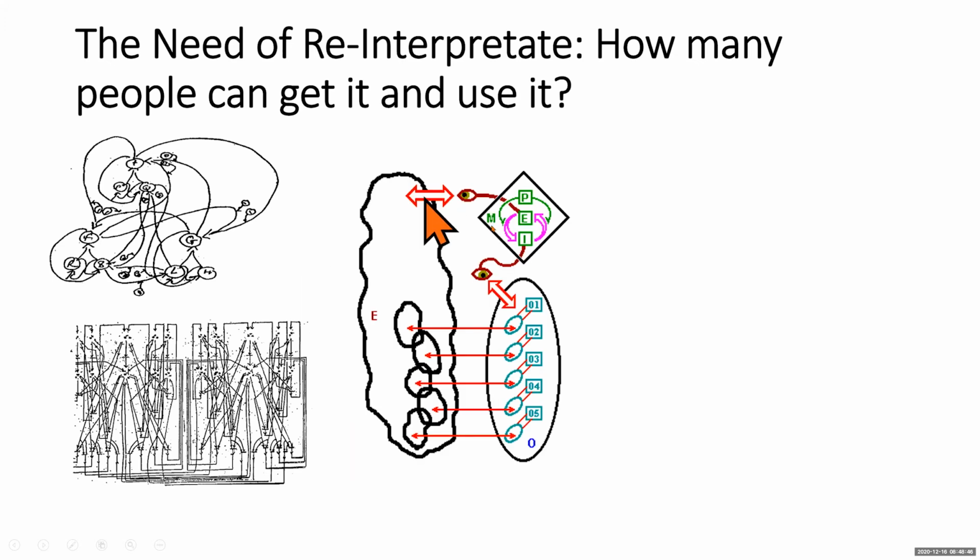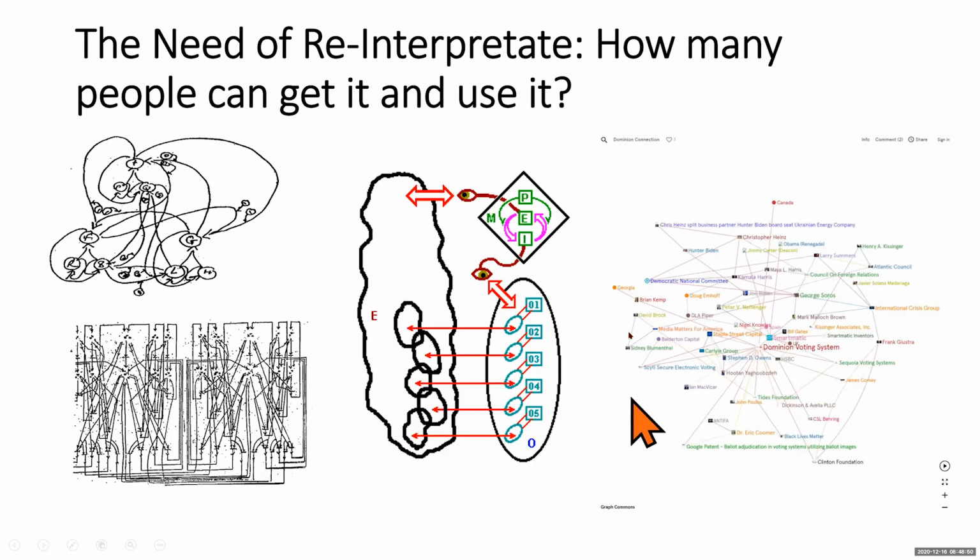And here is a famous Stanford Beer model. And this chart is something somebody put on social media yesterday, talking about the Dominion voting system and its connections with all kinds of bad guys.